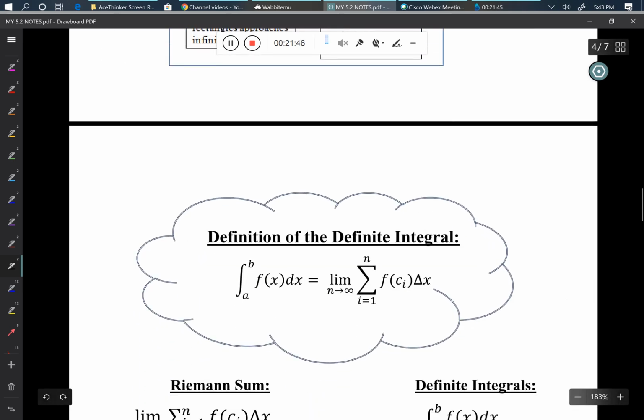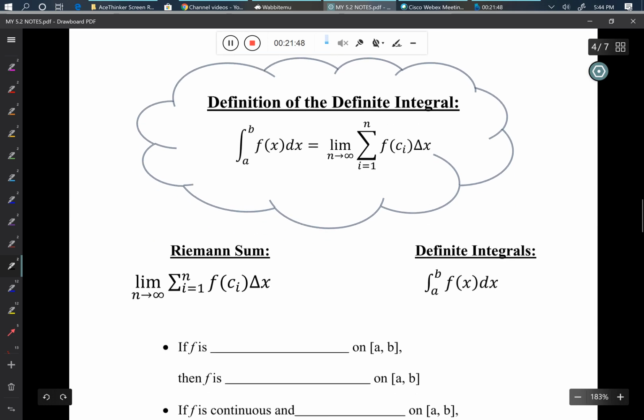So what we ended up with is the definition of the definite integral. The definite integral says find the exact area of the region bounded by the function f of x with a lower limit of a, an upper limit of b.